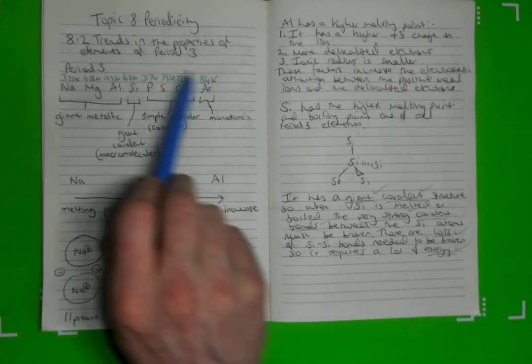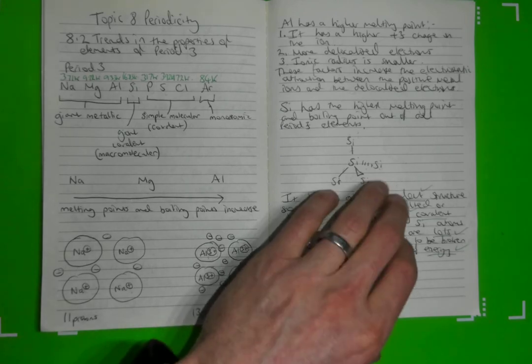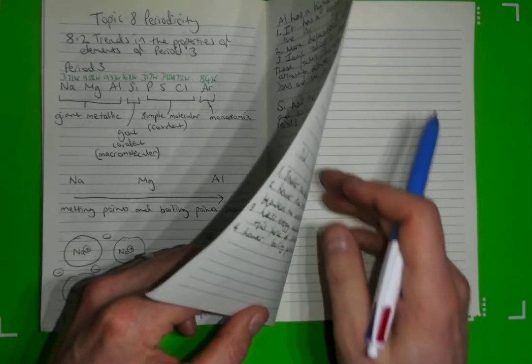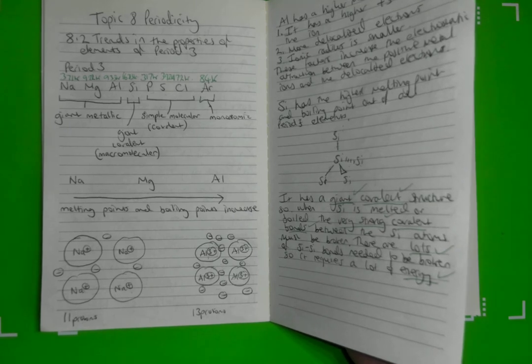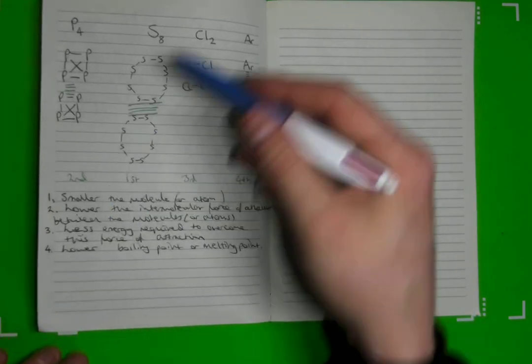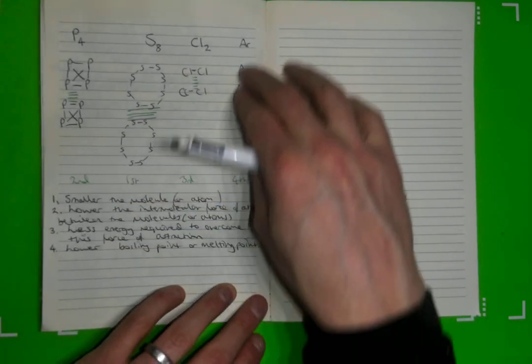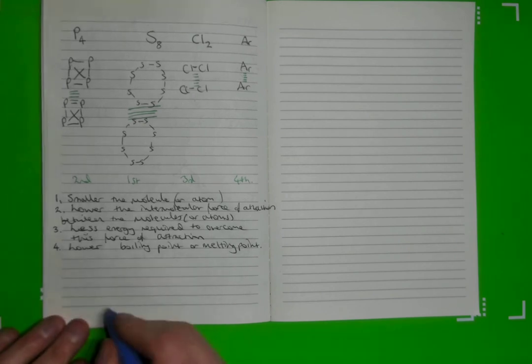Okay, now writing the data out like this isn't that clear, so what I'd like to do now is I'm going to sketch a little graph. I'm not going to put a scale on this graph, but I'm going to put axes on and sketch out the melting points of these elements in period 3. So along this axis here, I'm going to have the elements.